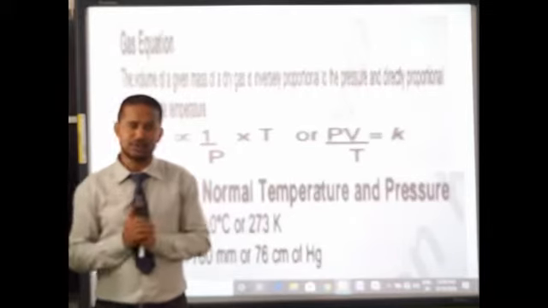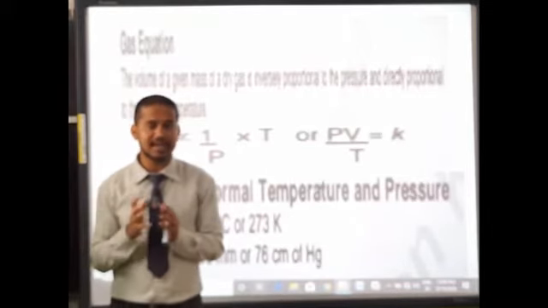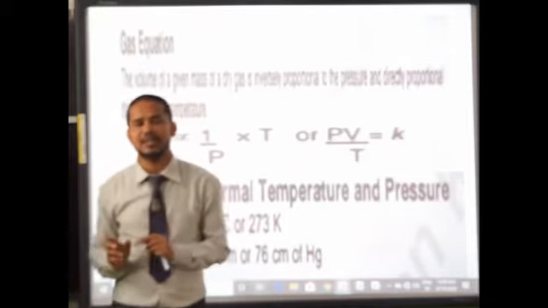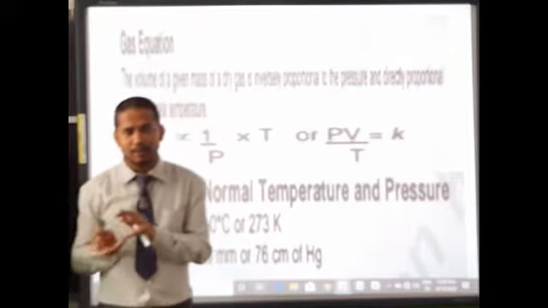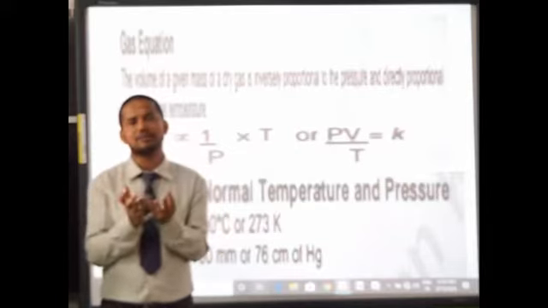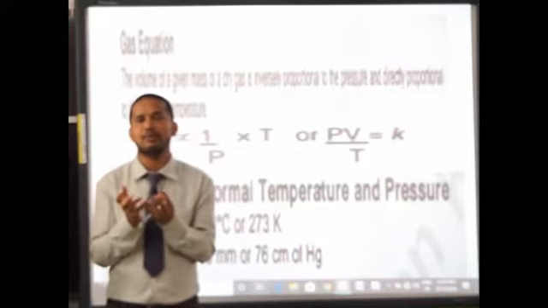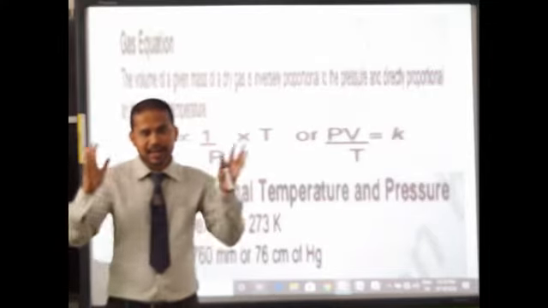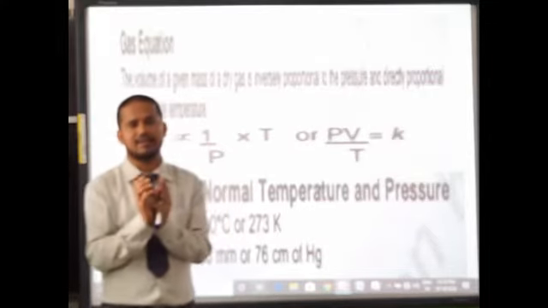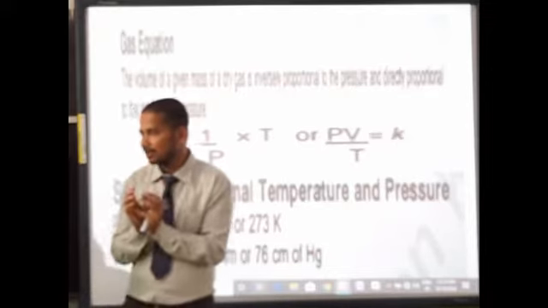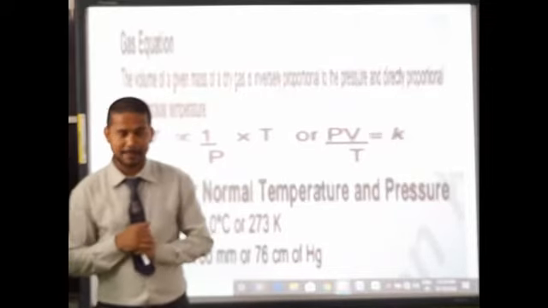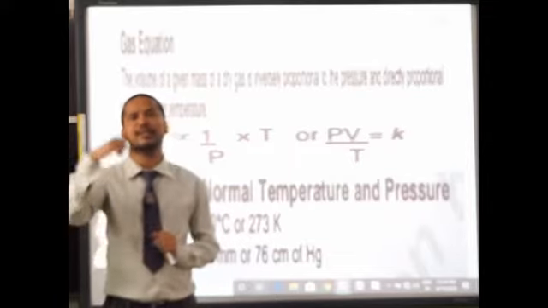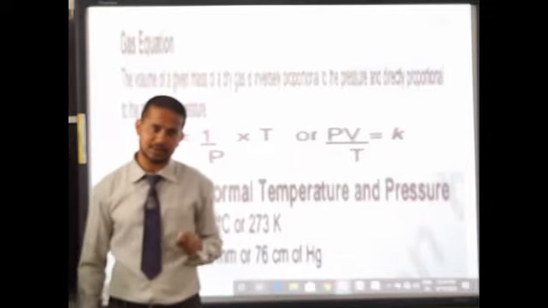Then the gas equation, this also we have already done. So what is the gas equation? Actually it is the integrated form of Charles' law and Boyle's law. If we write these two laws together, you will get that volume is inversely proportional to pressure and directly proportional to absolute temperature.